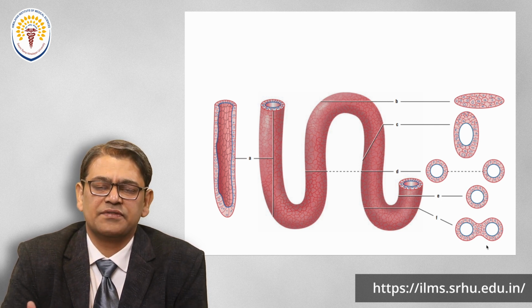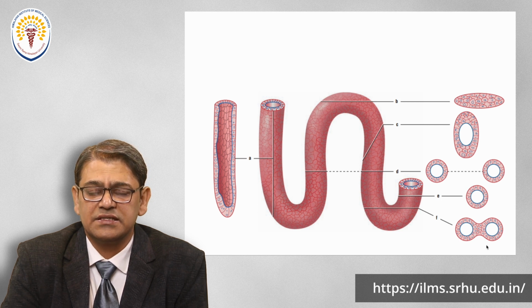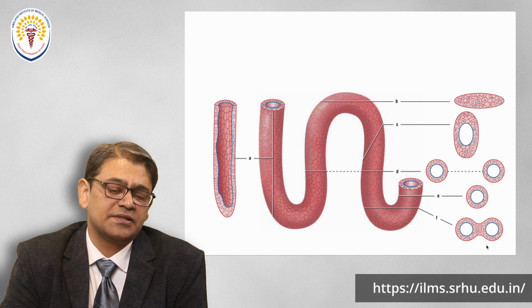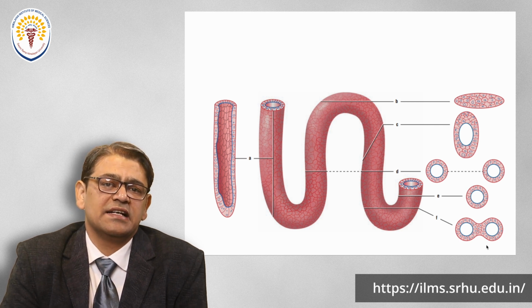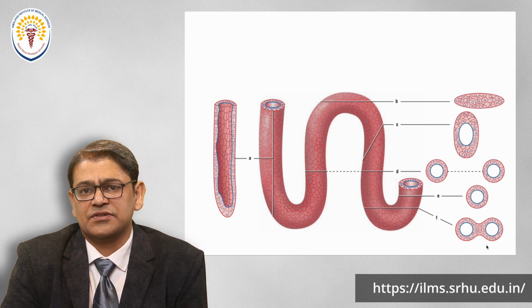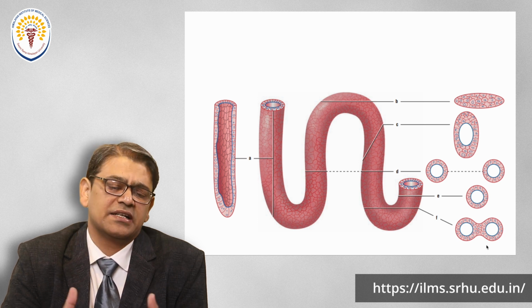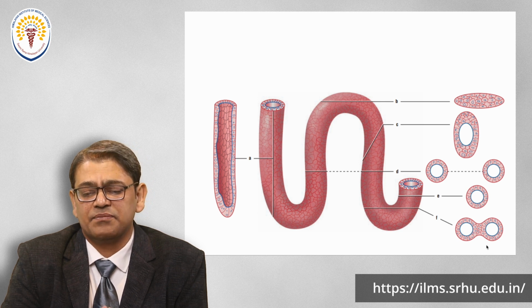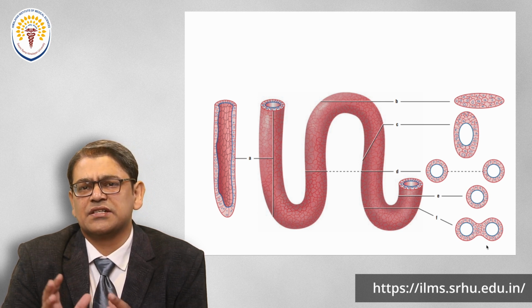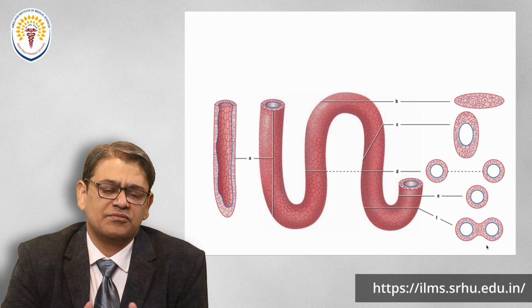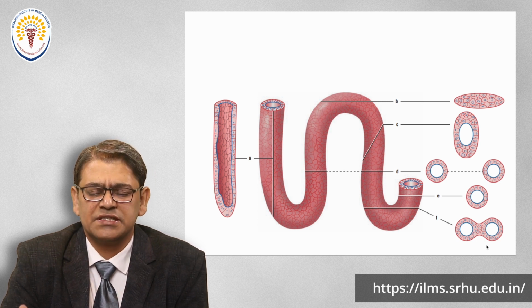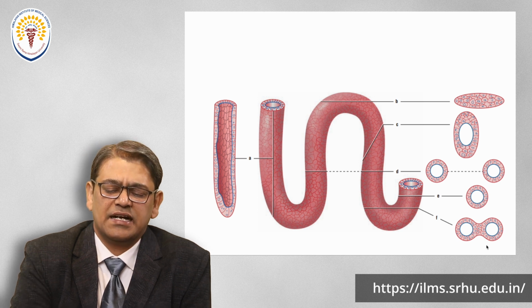We have to take different sections at various levels, mix them all, and only then can we create these pictures. In the present era, there are many software packages which can create the tissue structure in 3 dimensions, but for an undergraduate medical student in this presentation, we are not going to discuss those. So we take the simple slide, build just the basic procedure, and then we make the idea out of it.